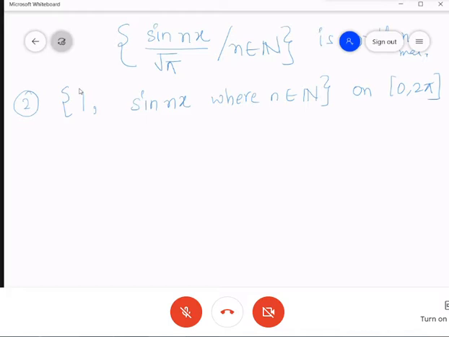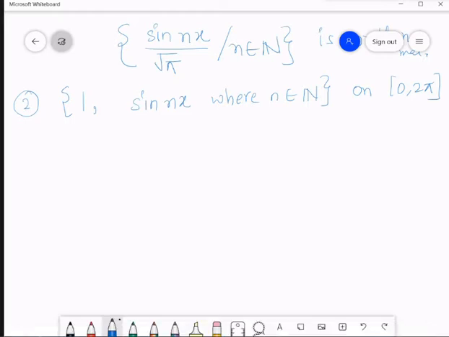Now in this case, we have to check. If we have a bigger set and we want to check for orthonormality or orthogonality, and the set has many functions, f1x, f2x, I do not know how many functions there are.